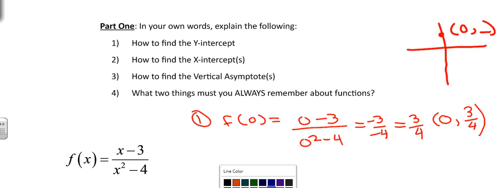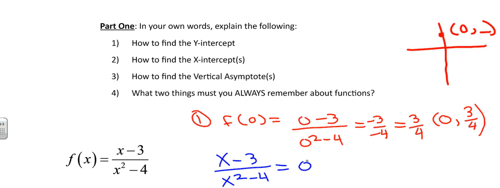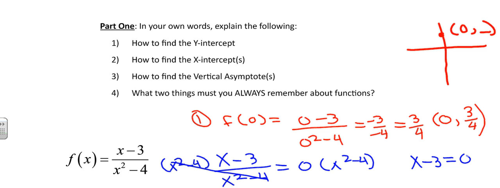Okay, so x-intercepts. How do I find the x-intercepts? Well, for an x-intercept, I have to set the entire function equal to 0. So I'm going to say x minus 3 over x squared minus 4 equals 0, because I'm putting in 0 for y. But if you remember, the way that I would solve this is that I will multiply both sides by the denominator to clear that denominator, and then I'm left with just x minus 3 equals 0.